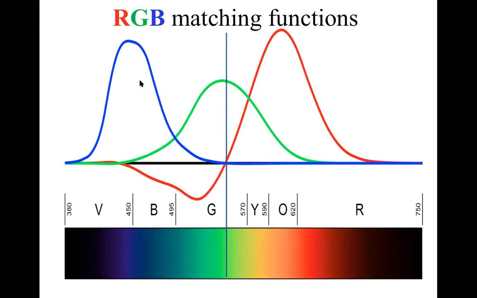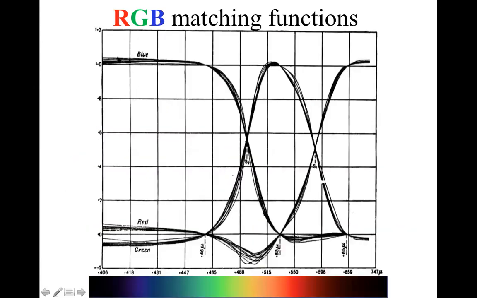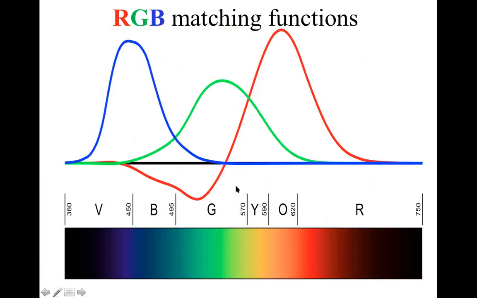If you take the average response for the blue, red, and green, you will obtain these kinds of curves, and this tells you how much of blue, red, and green you need to obtain any color from the ones that were used in the experiment.